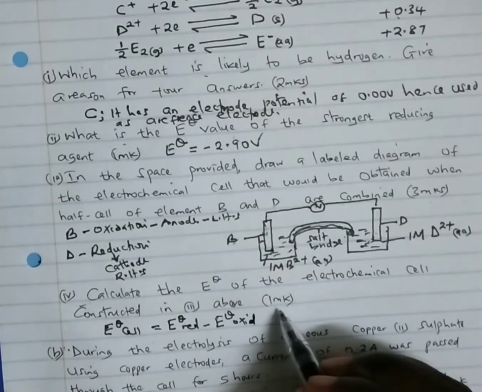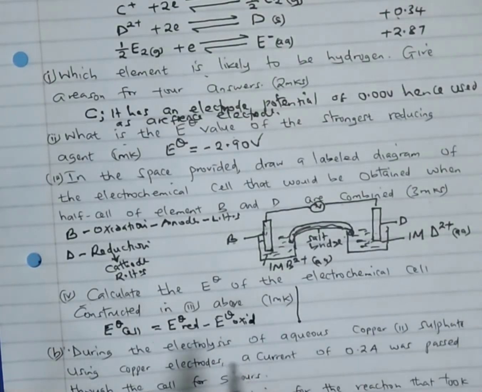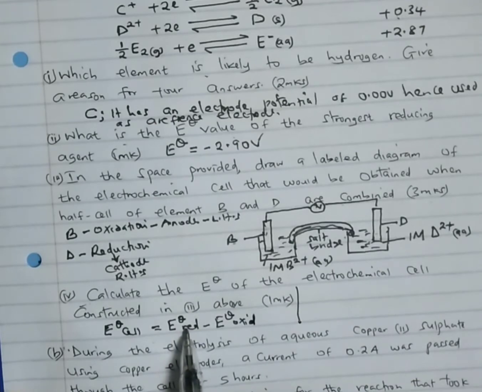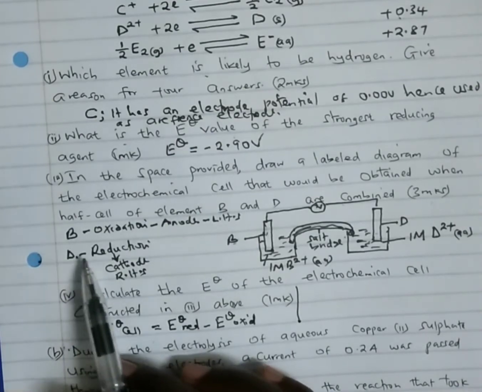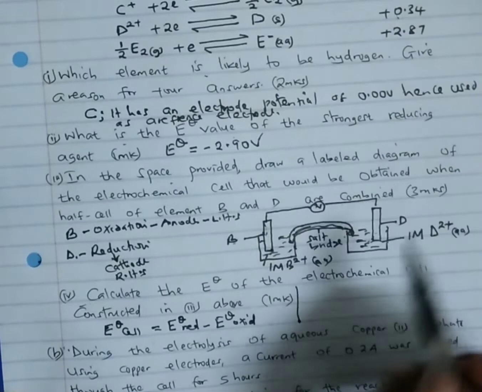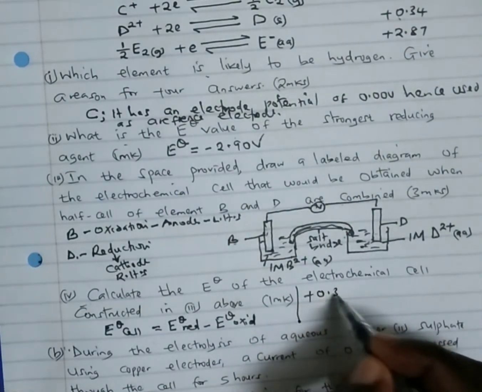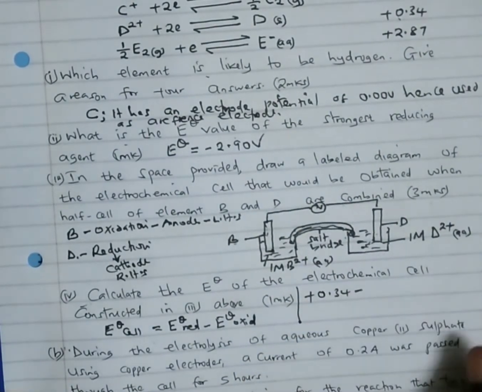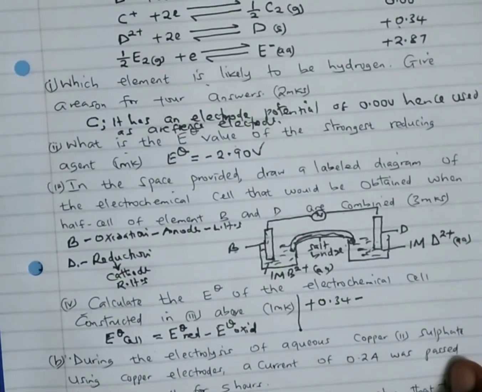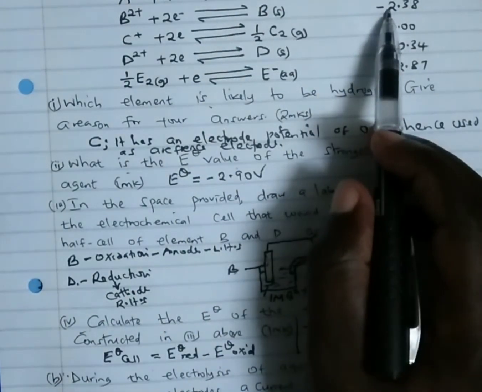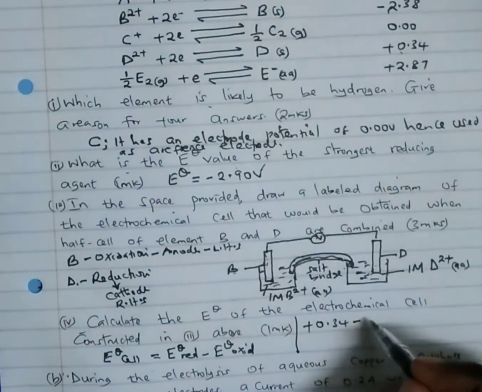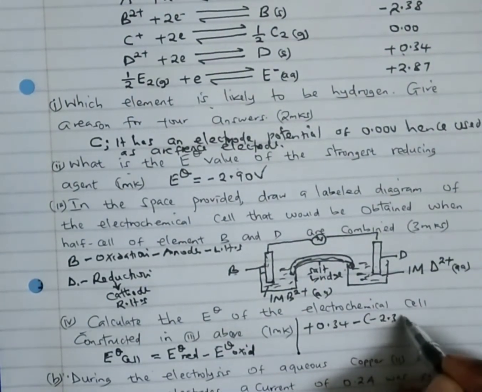In this case, the E theta value of the element undergoing reduction is that of D, and D has an E theta value of positive 0.34, whereas that of element B is negative 2.38, that is minus 2.38.